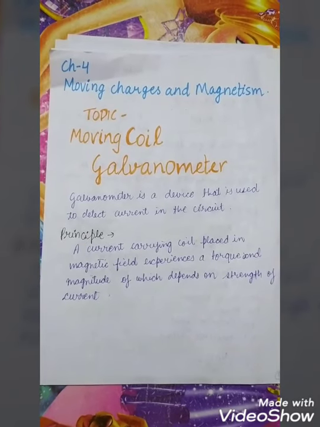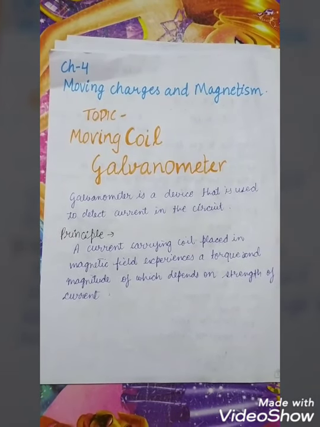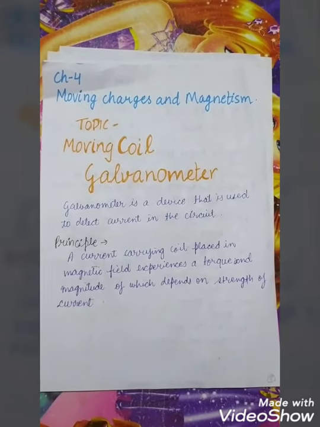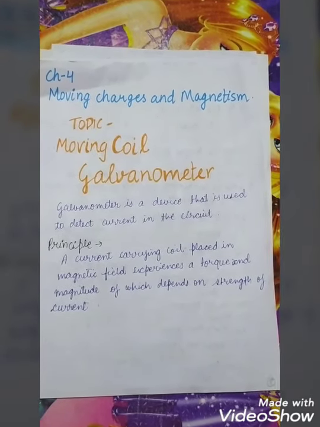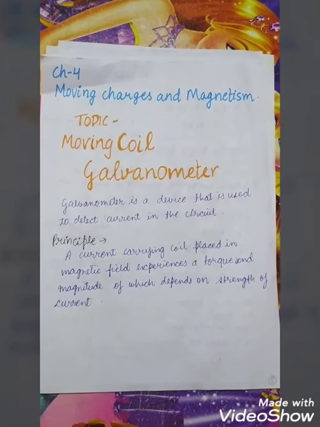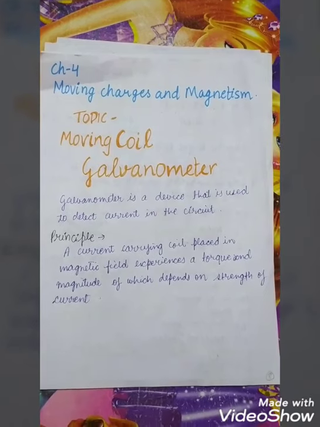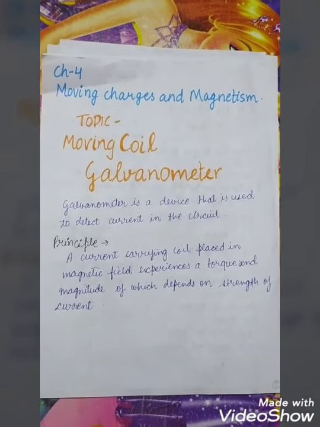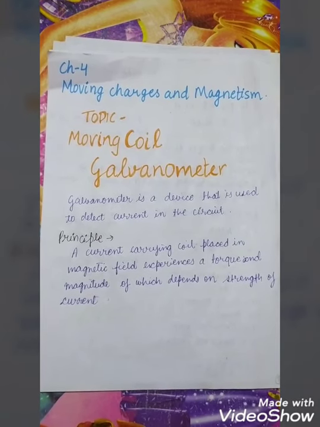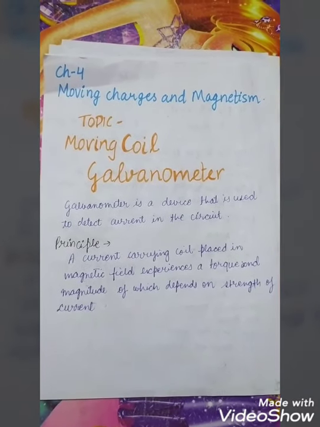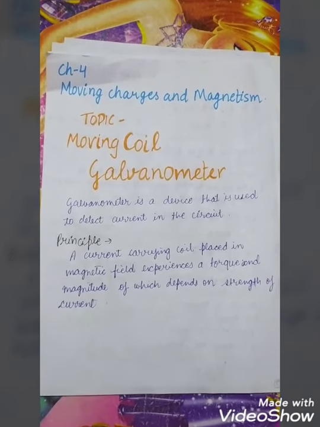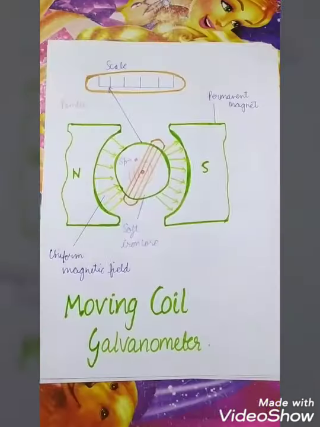Because it uses a current carrying coil which rotates when a uniform magnetic field is applied through this coil. A torque is generated on the coil, and due to this torque the coil rotates. This is the principle of the moving coil galvanometer.